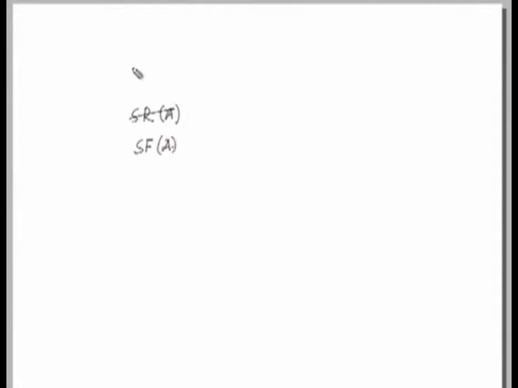So SFA represents the surface finish obtainable alone by mechanism A, and SFB represents the surface finish obtainable by mechanism B.